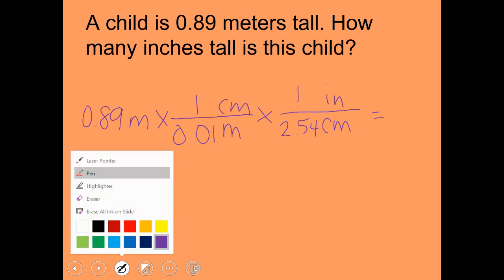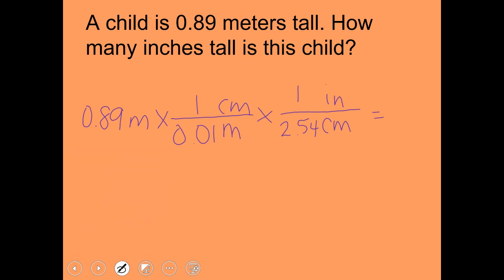Now, this problem shows us some special things that we need to remember. First of all, set up your labels so that it divides out. Like if centimeters is on the top on this factor, it goes on the bottom in this one, so that it'll divide out. And the only label that didn't divide out here is inches.